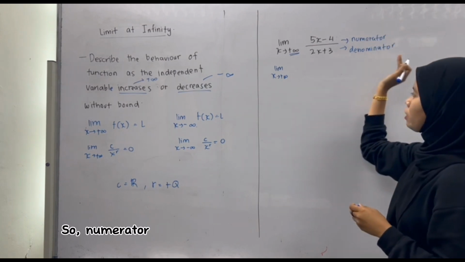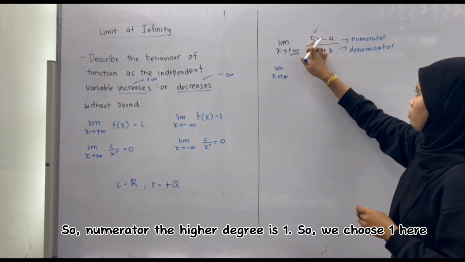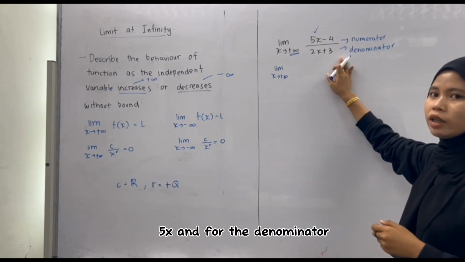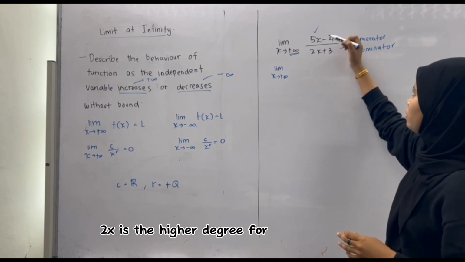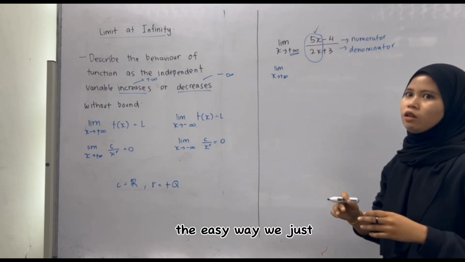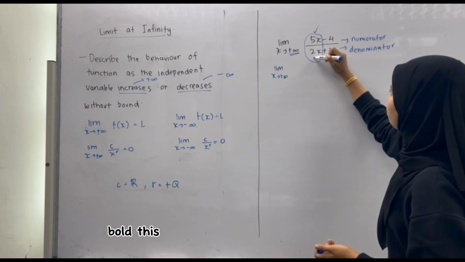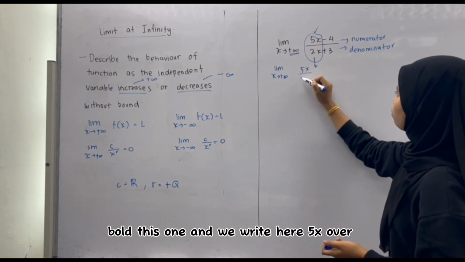For the numerator, the highest degree is 1, so we choose 5x. For the denominator, 2x is the highest degree. The easy way is to bold these and write here 5x over 2x.